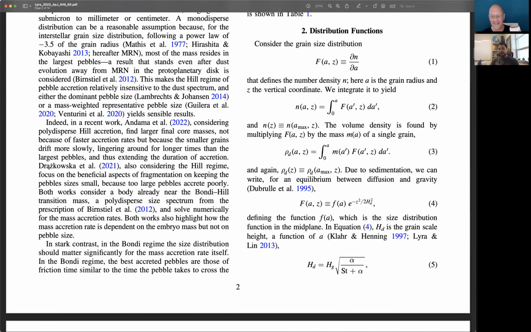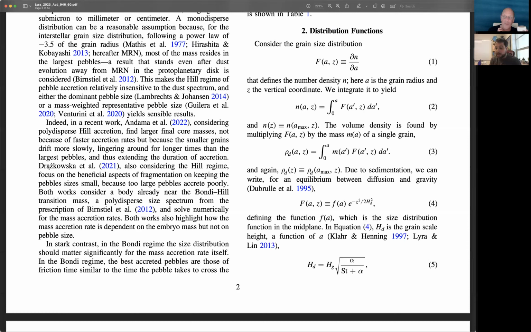And then if you start from submicron grains, you end up building bigger things. So these coagulation models find that you can grow up to millimeter size, centimeter size. So these are the pebbles that you have to start with.